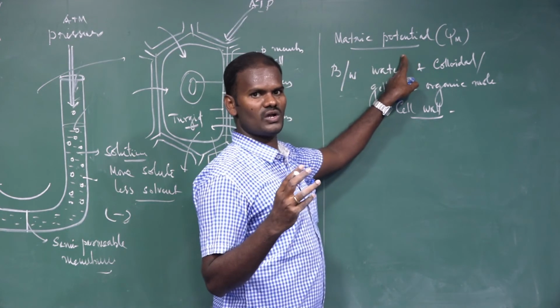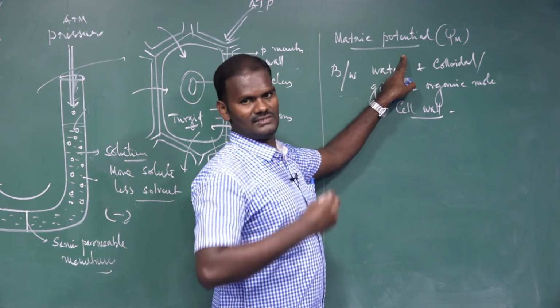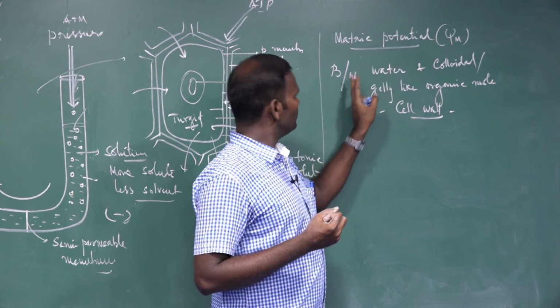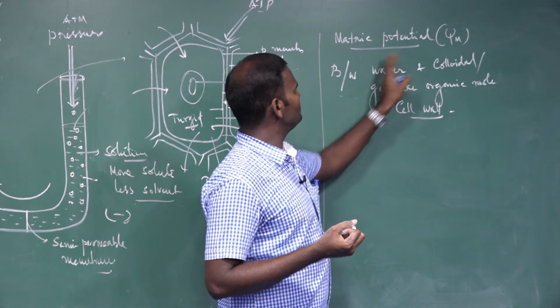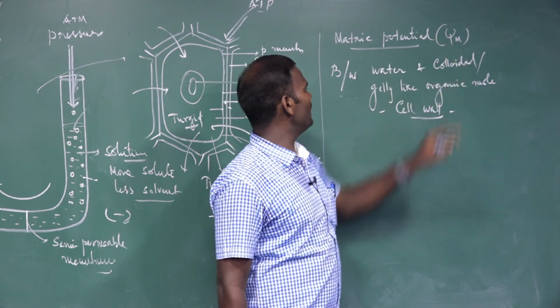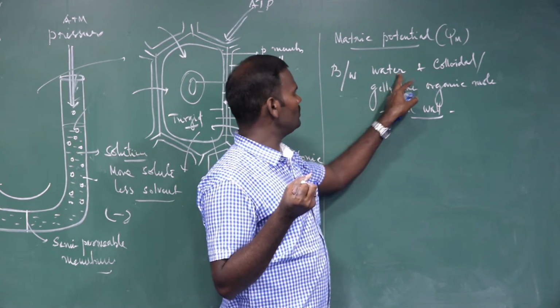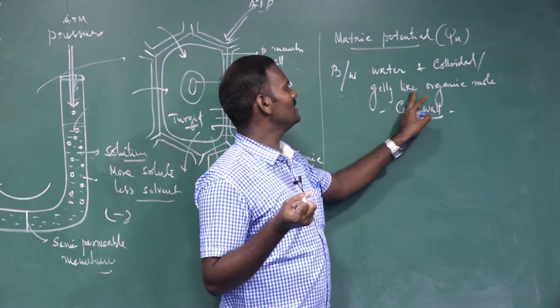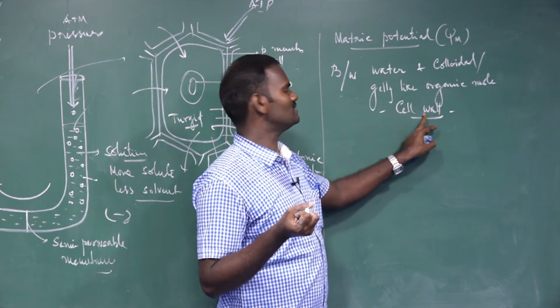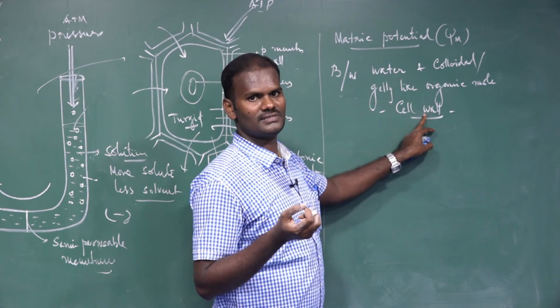It is mainly based on dry cells. It is denoted by psi m, the attraction between the water molecule and the colloidal or jelly-like organic molecules present in the cell wall. What are the organic molecules present in the cell wall?